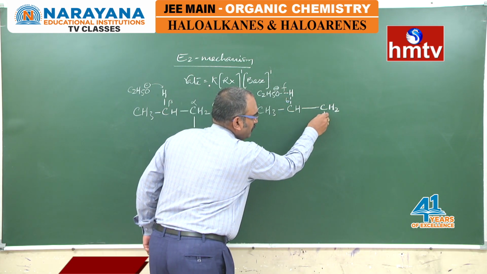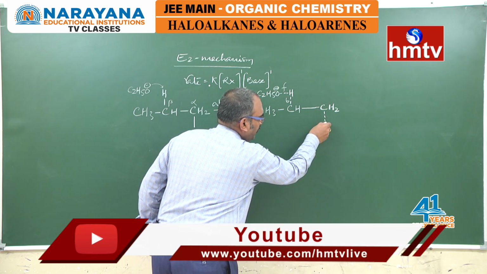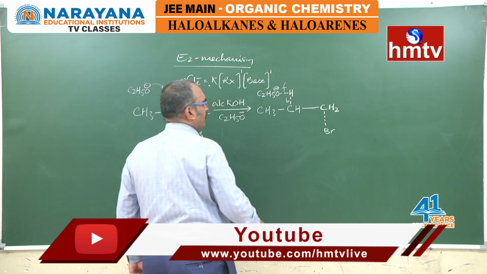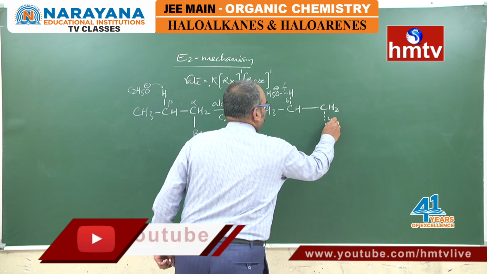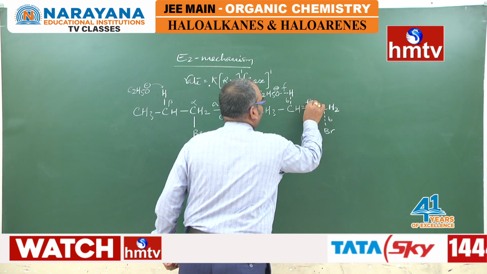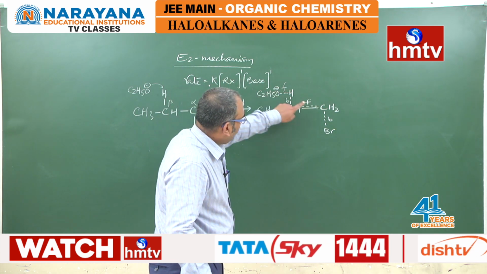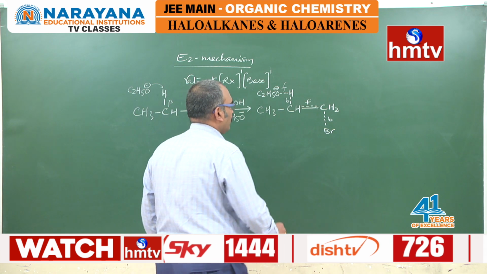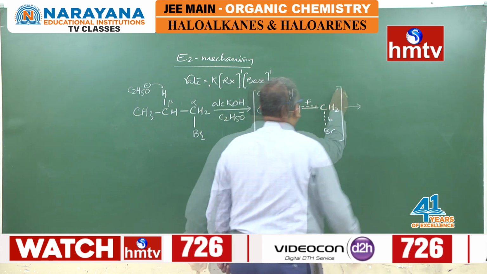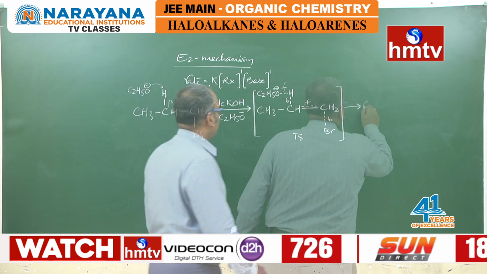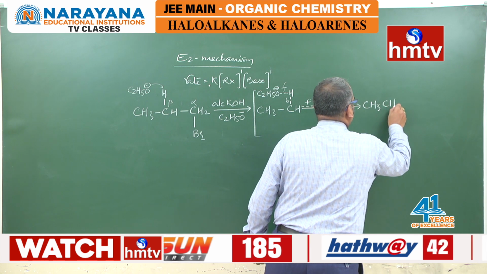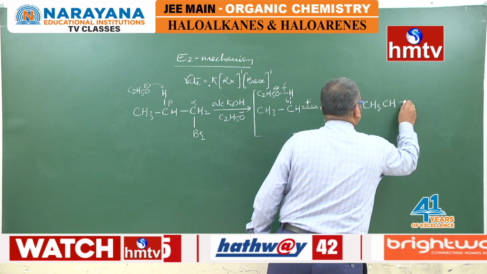Now the C-Br bond is slowly breaking down, and here a pi bond is forming. This is forming, this is forming, these are breaking down. This is the transition state formed during the reaction, and the product is CH3CH double bond CH2.